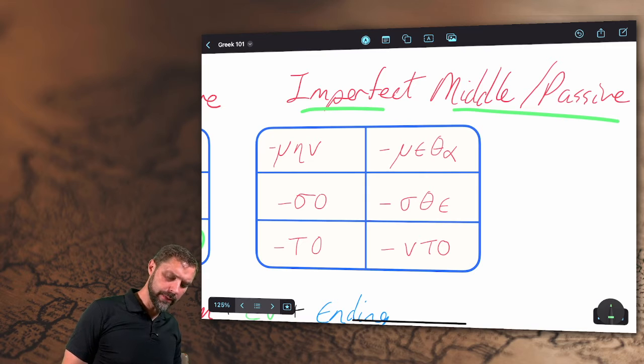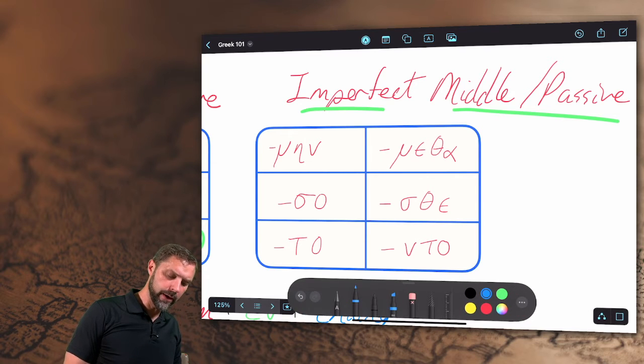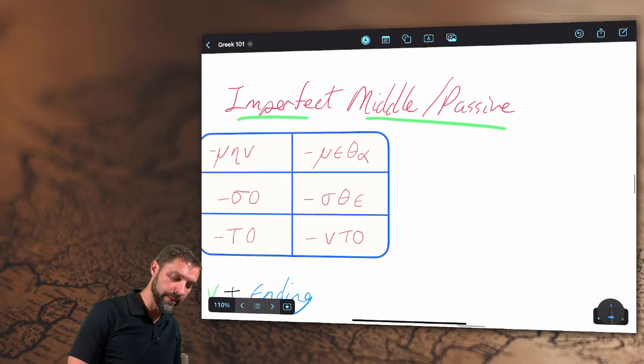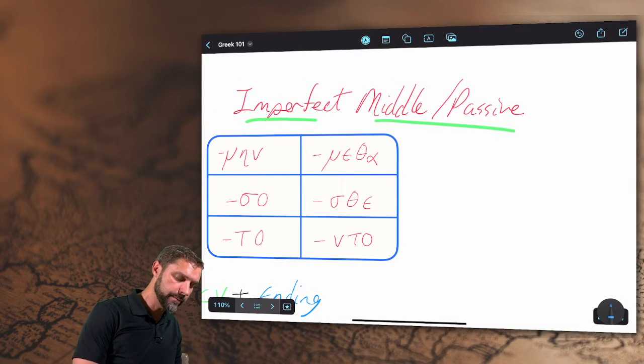You can recognize, let's just do a quick comparison to the ones that we did for middle passive, the other set of endings, which we call the primary middle passive endings. If it was main over here, over there I had my. Well, I guess the first letter is the same. Psi, tai.